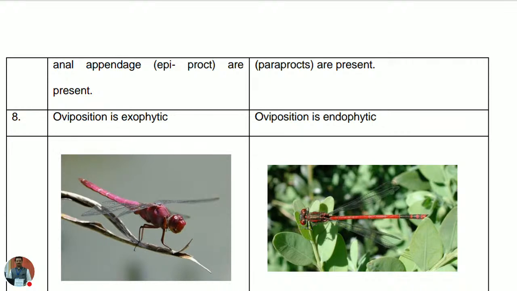The females of dragonflies, after mating, do the oviposition by laying the eggs either singly or in clutches in water directly, in a pond, or you may say some lake. These eggs are directly dumped in the pond either singly or in clutches.